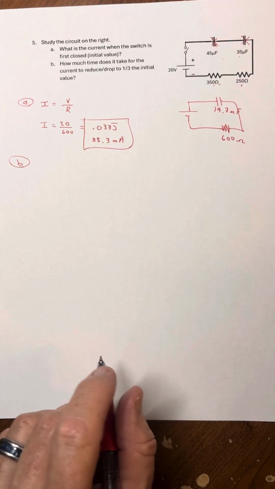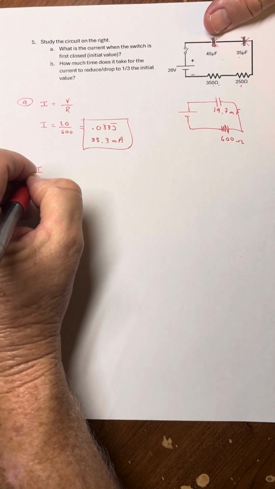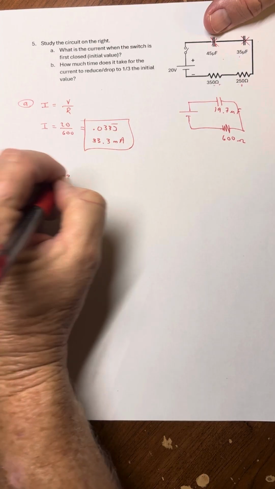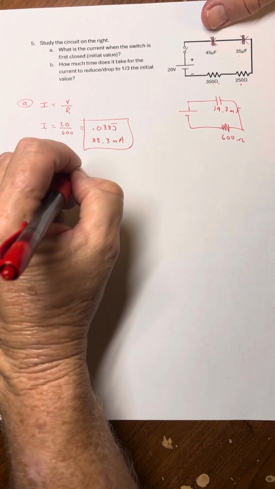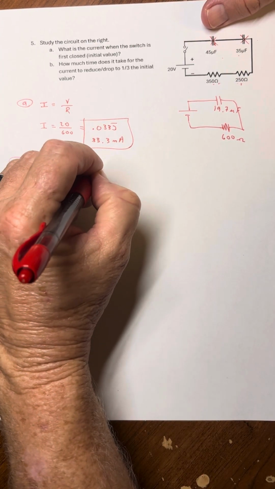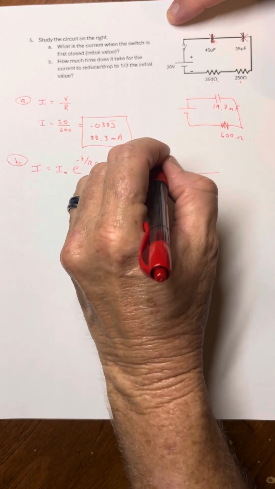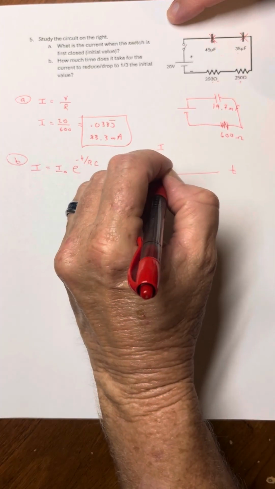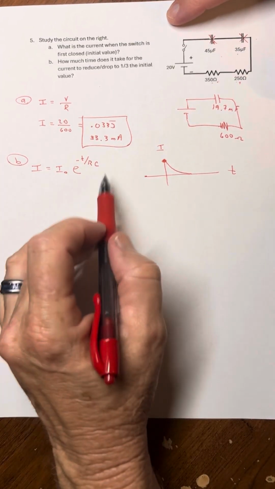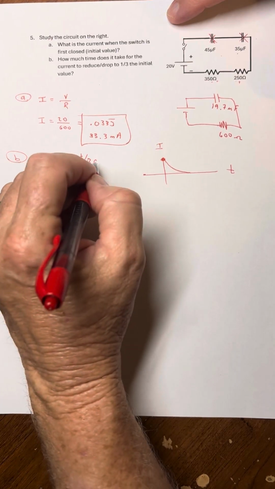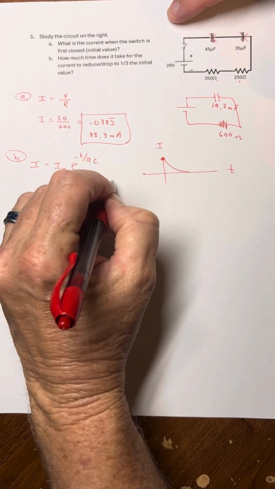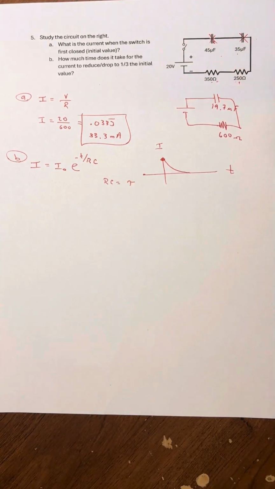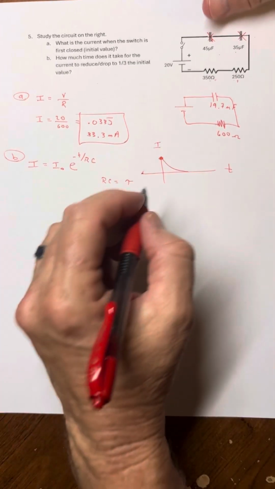But if you did go back to our derivation, we looked at charging capacitors and either looking at their charges or, in this case, their current. We said the current as a function of time would start here and taper off, and it would follow this pattern where the RC is referred to as the time constant of the circuit. And this is where our equivalence would come in.